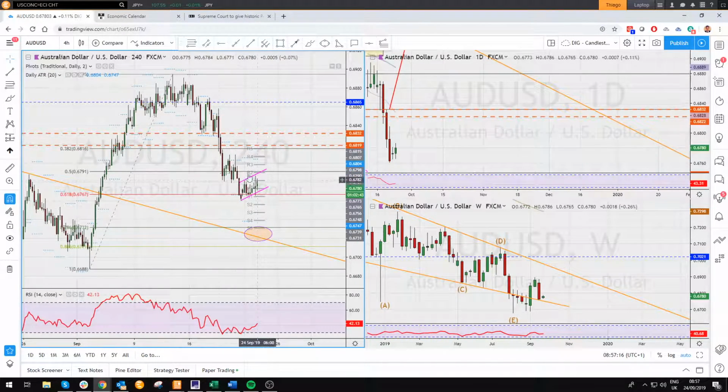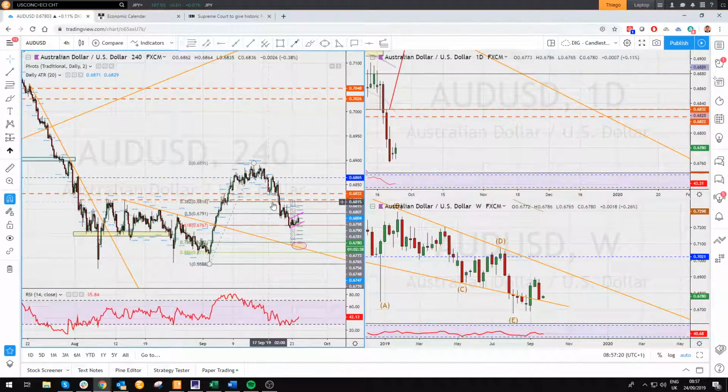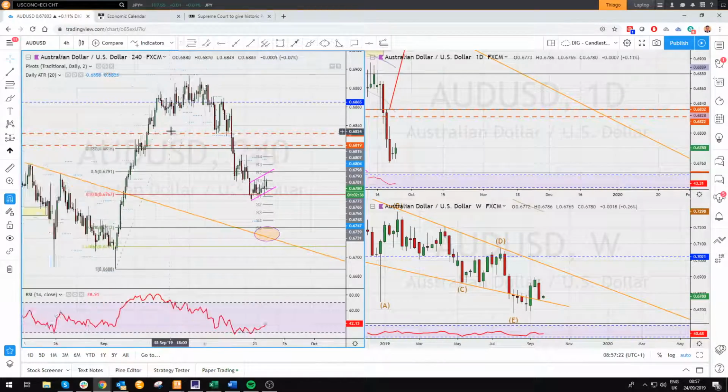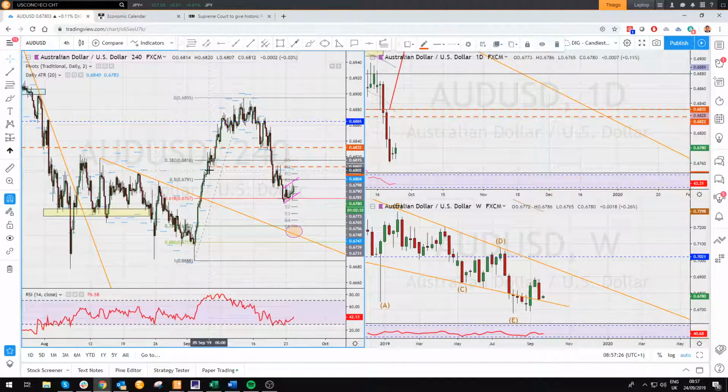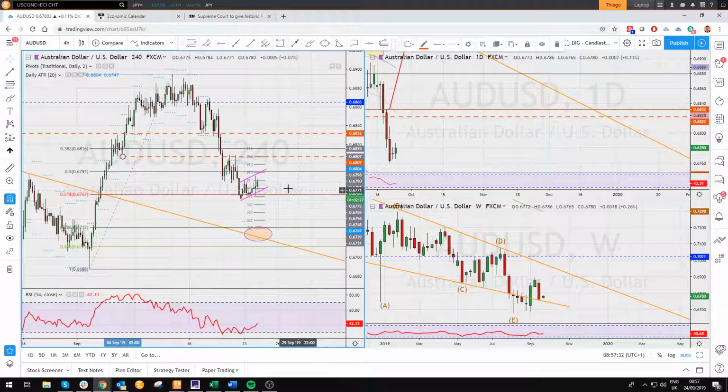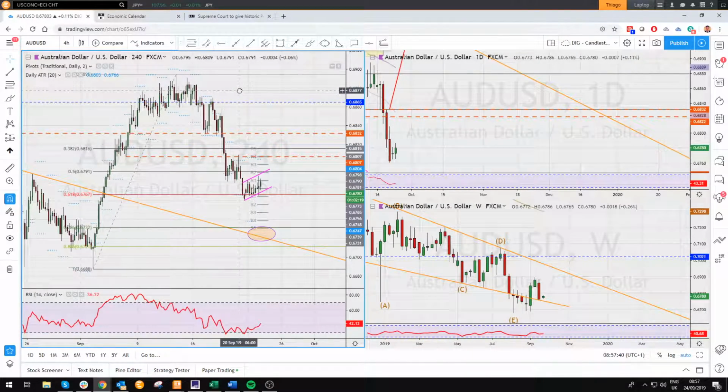So I'm not too sure. I think I need to see now a move back above here, let's say to confirm, like the 68 handle, right? I need to see a close above 68 to confirm that this market is ready to go up again. That is my view on the Aussie.